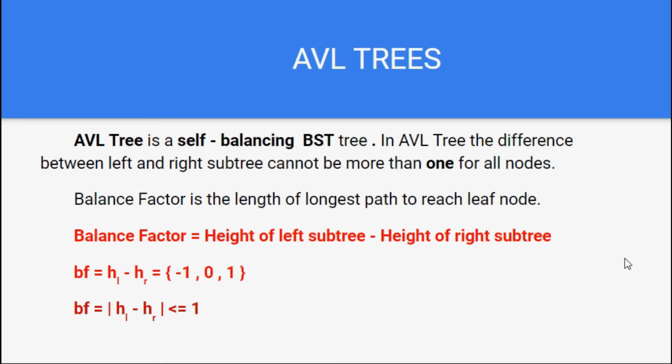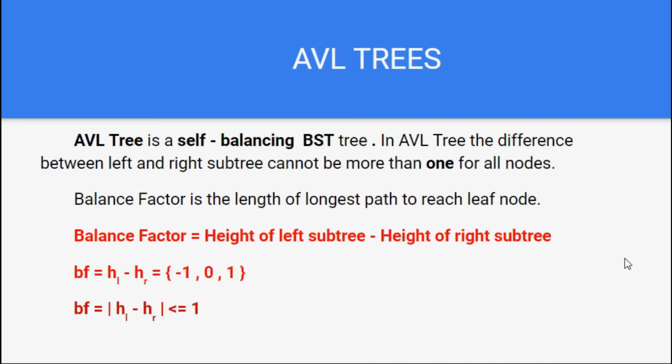Okay, next line is in the AVL tree, the difference between the left and the right subtree cannot be more than 1, for all the nodes. How we are going to calculate that difference, I'll let you know as we proceed in our video.